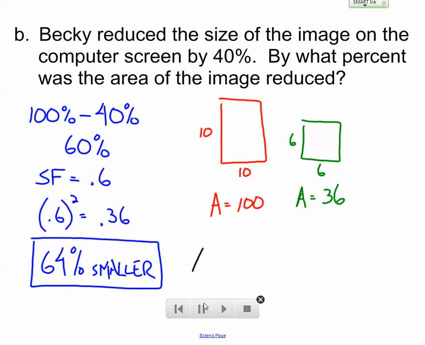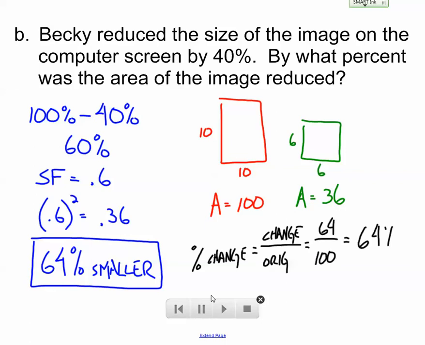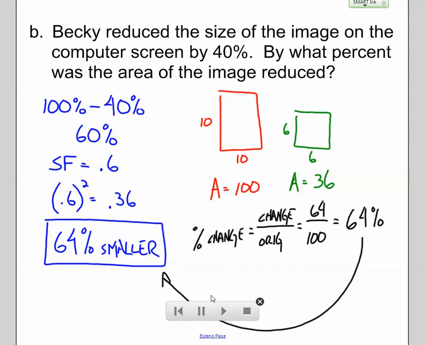So the difference between them, because percent change is the change divided by the original, would be 64 for the change divided by 100, which is 64%. And that's the same thing we did with the circles on the previous problem. It's probably a lot easier to understand here with the rectangles than it is with the circles. So we don't have that pi involved, but it's the same thing going on.